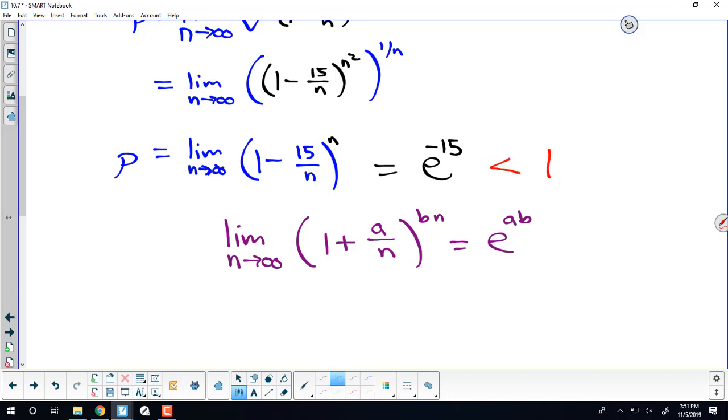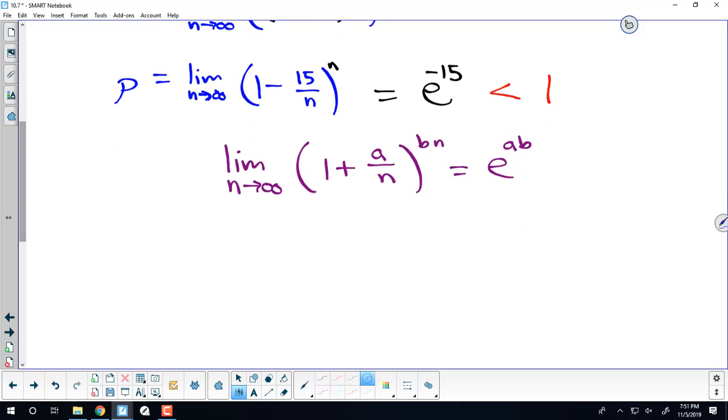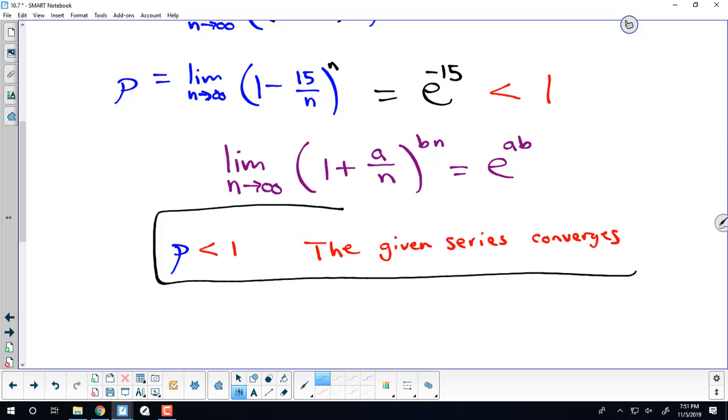So our series converges. So rho less than 1 means that the given series converges. Okay, any questions on that?